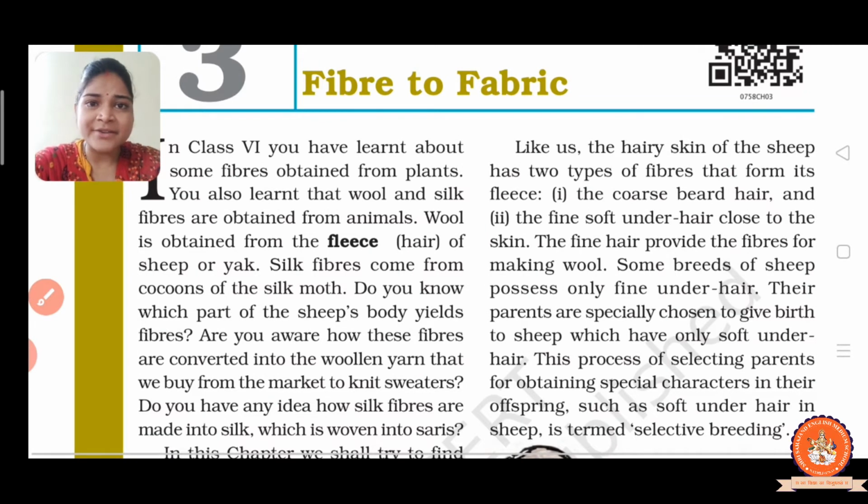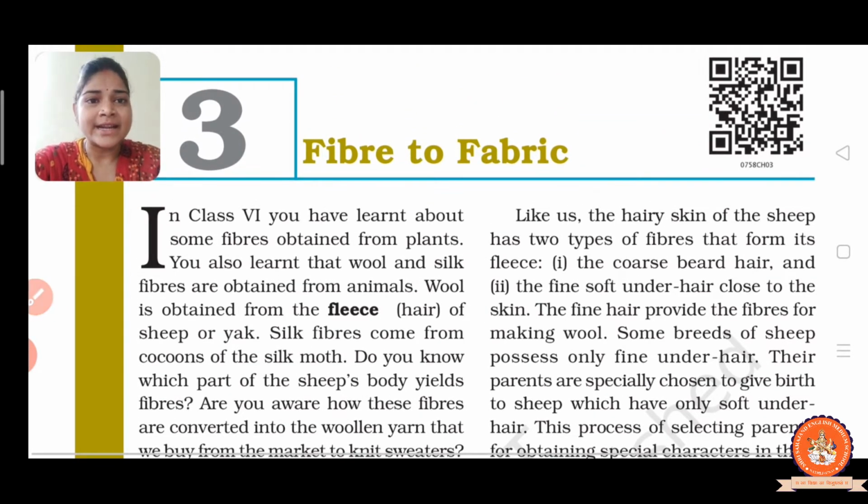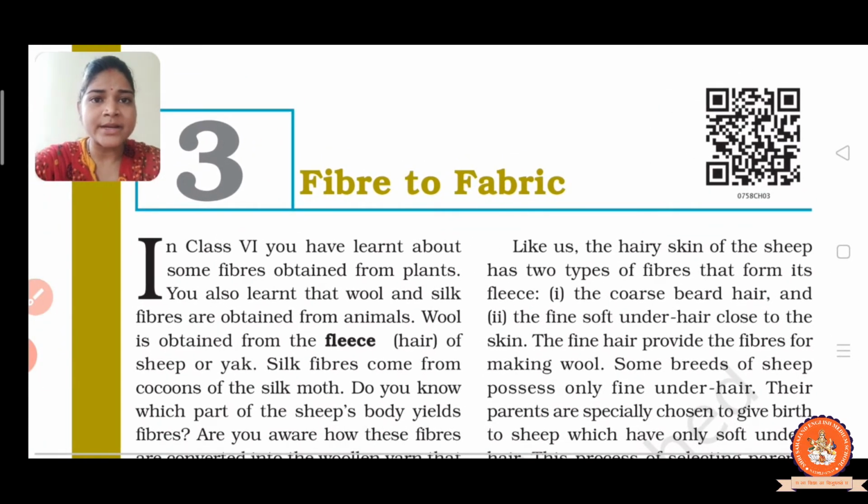Now let us start our chapter, that is Fiber to Fabric. So from where do we get the fiber? We get the fiber from plants, animals and chemicals, and it is converted into fabric, right?